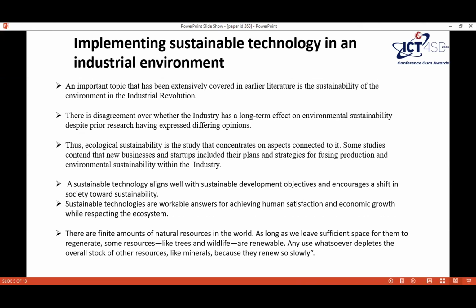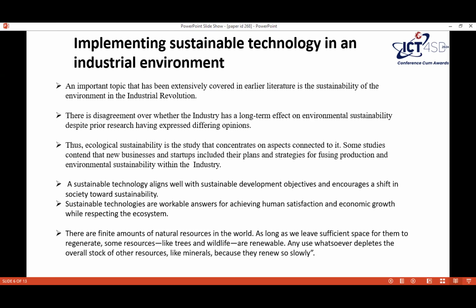Okay. So moving on to implementing sustainable technology in an industrial environment. This is an important topic that has been covered in earlier literature, the sustainability of the environmental industrial revolution.